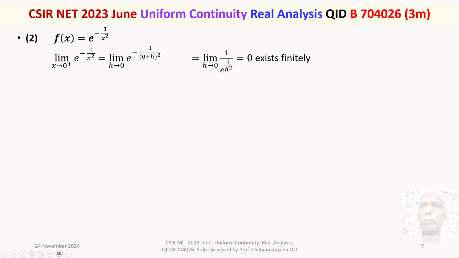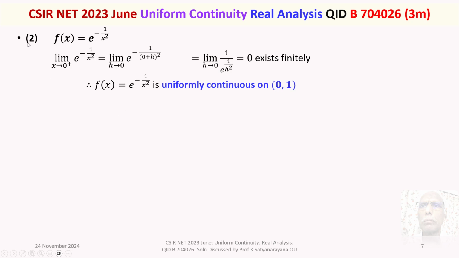As h tends to 0, 1/h^2 tends to infinity, e^infinity is infinity, and 1/e^infinity is 0. So it exists finitely. Therefore, f(x) = e^(-1/x^2) is uniformly continuous on the open interval (0, 1). Our answer to this question is option 2.